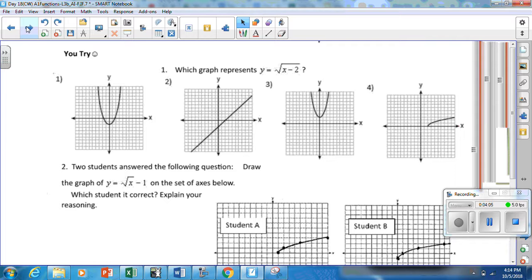In our next question, which graph represents y equals the square root of x minus 2? All right, so a couple things you should at least be able to do at this point. You should have enough knowledge of what we've talked about to say, hey, it's not a linear function, not a straight line. And you should be able to tell me, this is not a parabola.